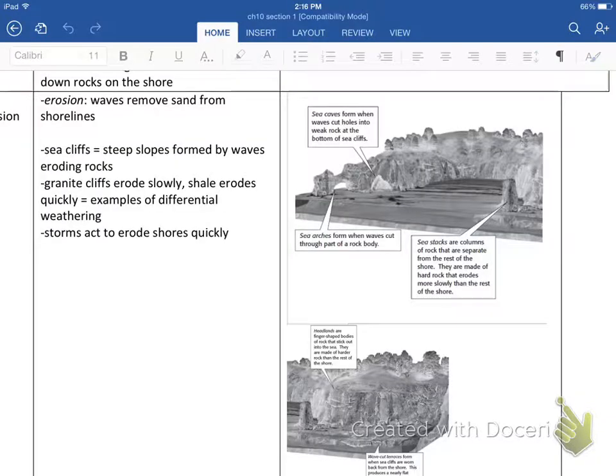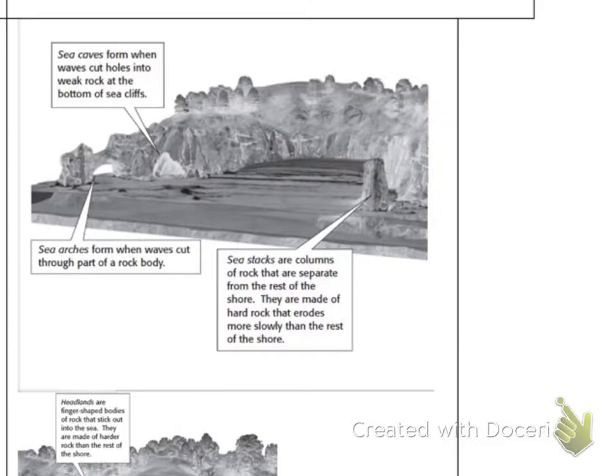For example, we have sea caves. They're little hollows cut in as the waves come in. They pound and you get a little dark sea cave. You have a sea arch that previously was part of the headland. Waves have pounded through, so now waves can go through that sea arch. So you actually have a gap in part of your cliff.